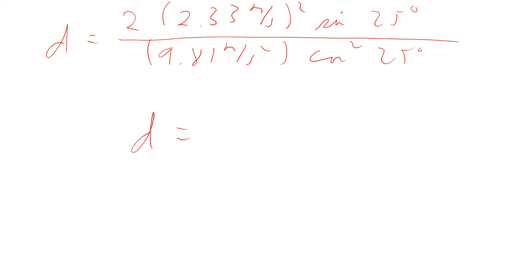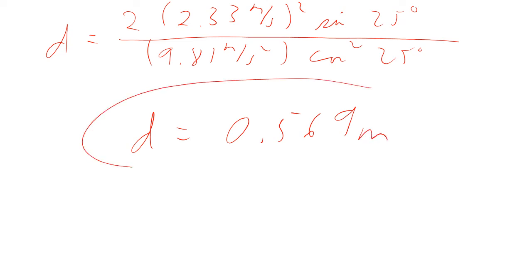And so d comes out to be 0.569 meters. Okay, so yet another example of using our equations, and then just using the relationship between the x and the y.